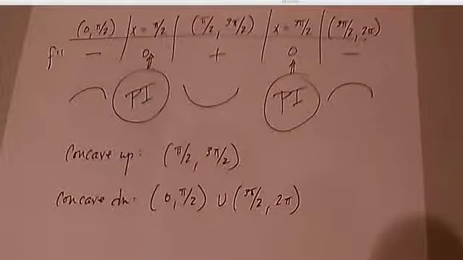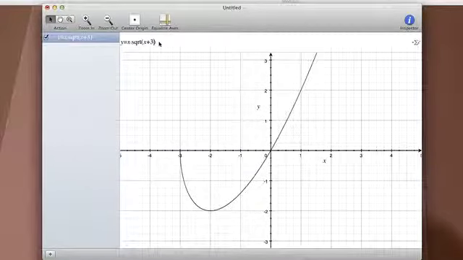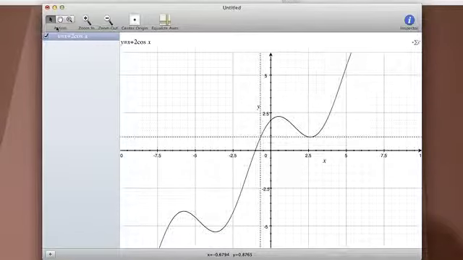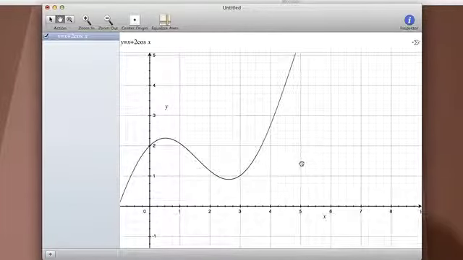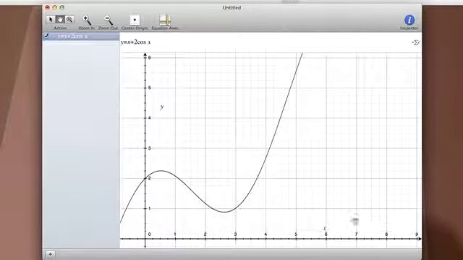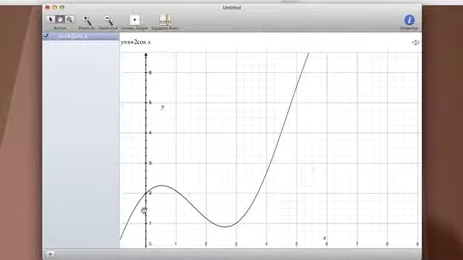Again, let's look at this function, x plus 2 cosine of x. Let's zoom out, and then zoom in again. I see that from 0 to 2 pi, which is over here at about 6 1/4, from 0 to pi over 6 it is increasing, pi over 6 to 5 pi over 6 is decreasing, and then 5 pi over 6 on up to 2 pi is increasing again.